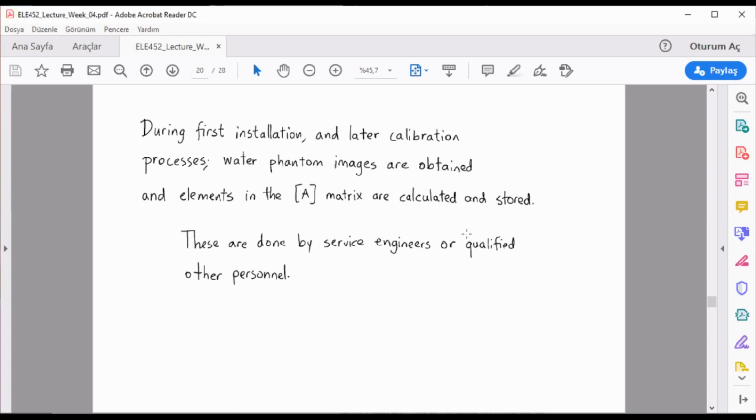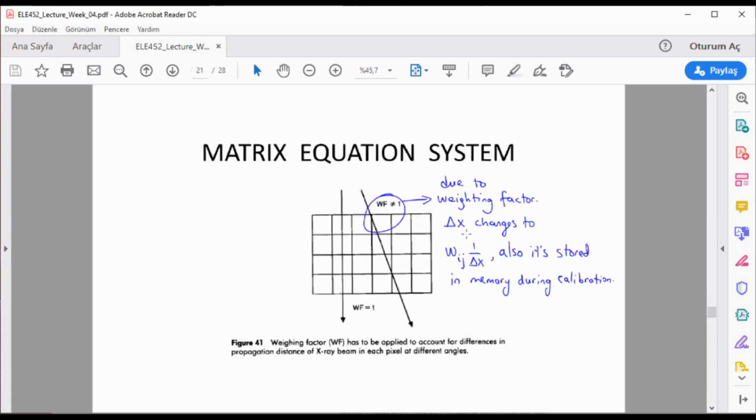Calibration determines the incident X-ray exposure intensity, detector gains, etc. Then, according to the angles and positions, and partially illuminating the pixels by X-ray, the weightings in the A matrix can also be determined, and these are done in the calibration processes.